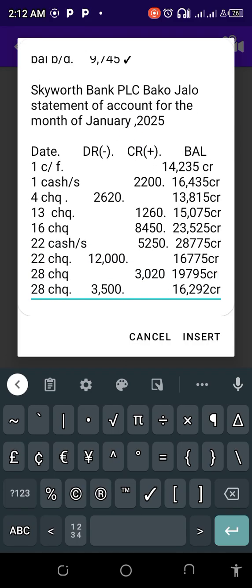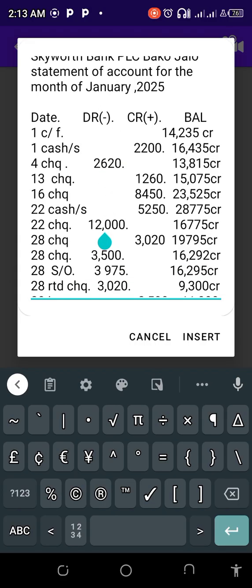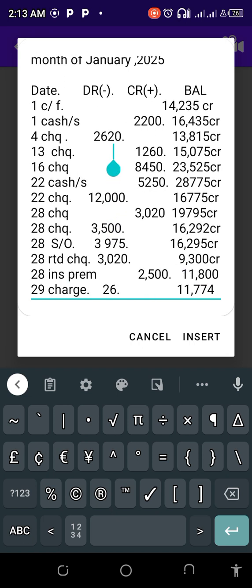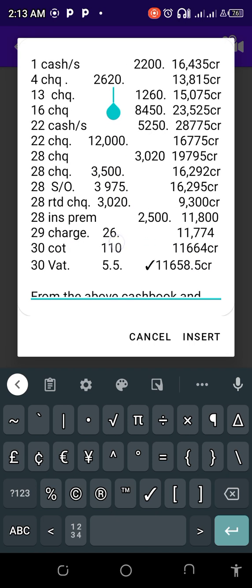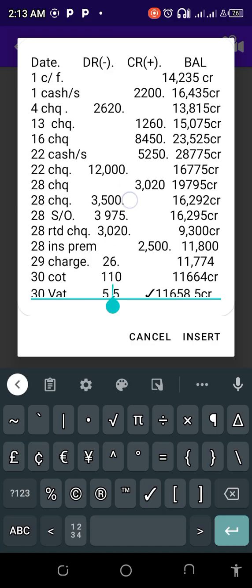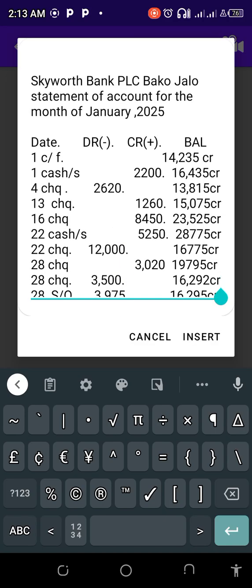You see, the bank statement also has the debit side, which is this, and transactions under the debit column, which are these. And it also has the credit column.